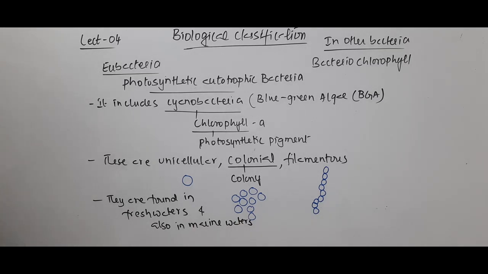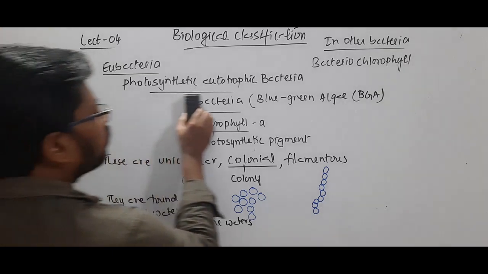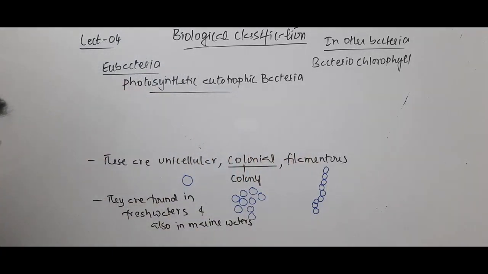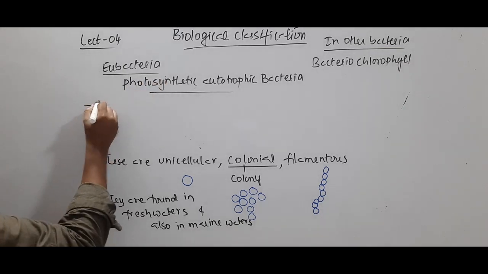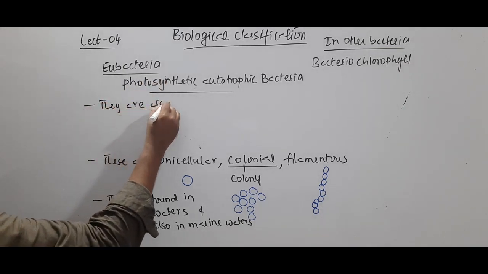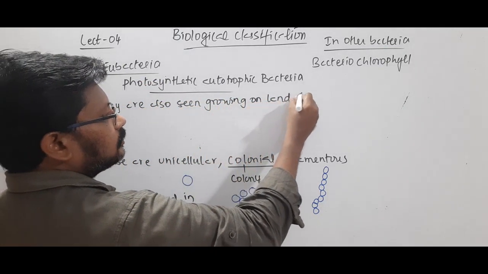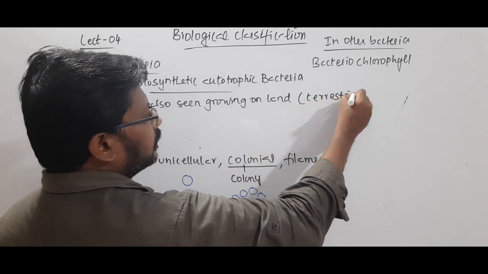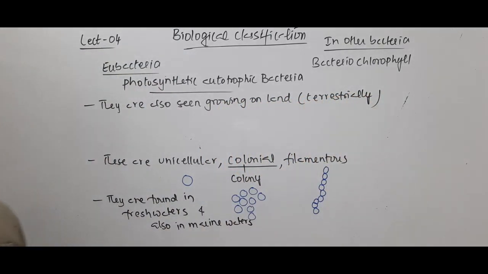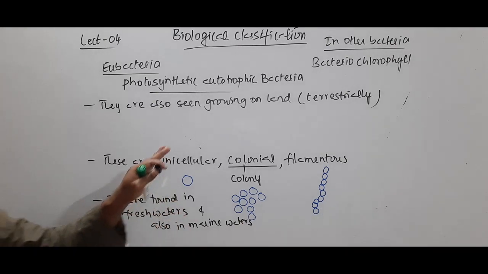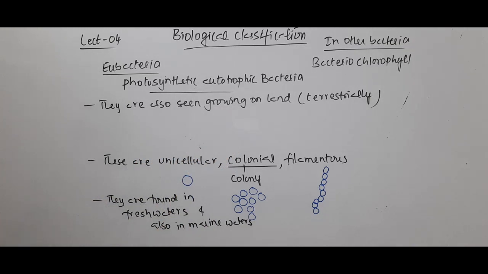We also see some of these cyanobacteria living on land. So they are terrestrial, that is, terrestrial blue-green algae. So we understand that they are seen in fresh waters, in marine waters, and also growing on land.